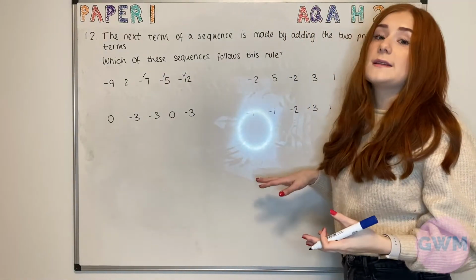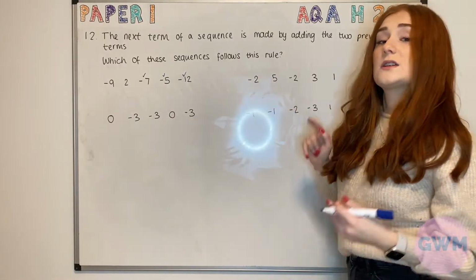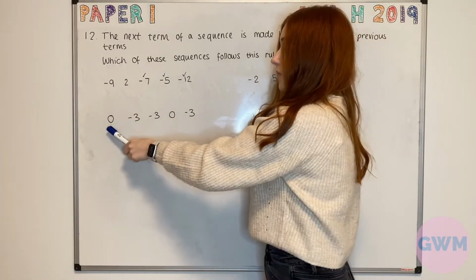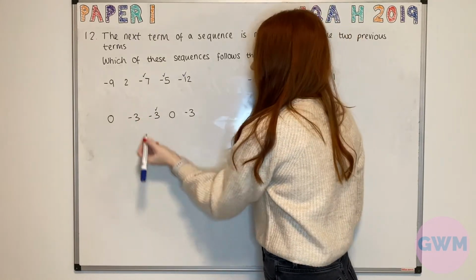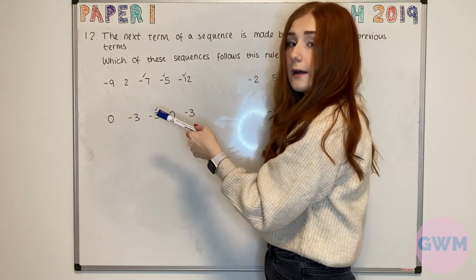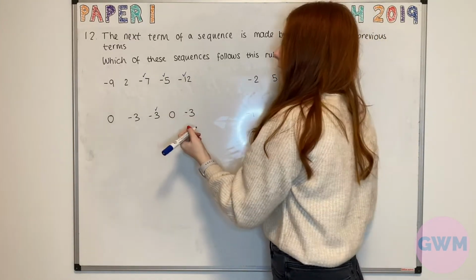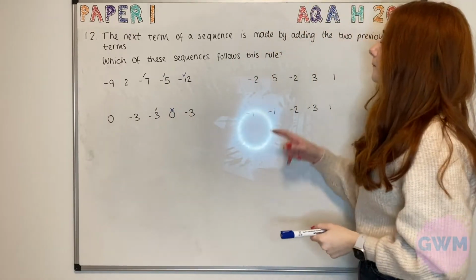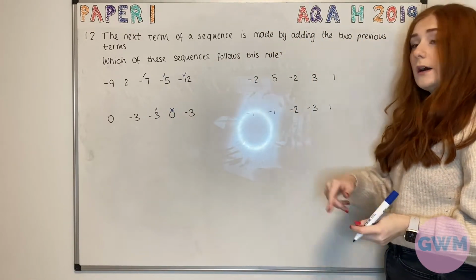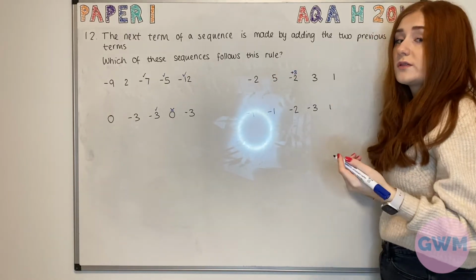Now what we should do in this case is just check the rest to make sure we haven't made a mistake here, and just check that the rest don't follow the pattern. So 0 and minus 3, if we add those we get minus 3, yes. But if we do minus 3 add minus 3, it really is minus 3 minus 3, it makes minus 6. Not 0, so that one's wrong. Minus 2 add 5 is plus 3, so it's not that one.